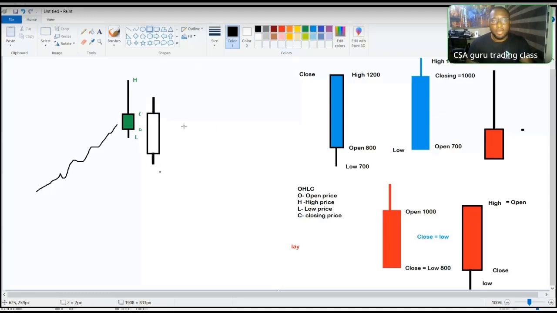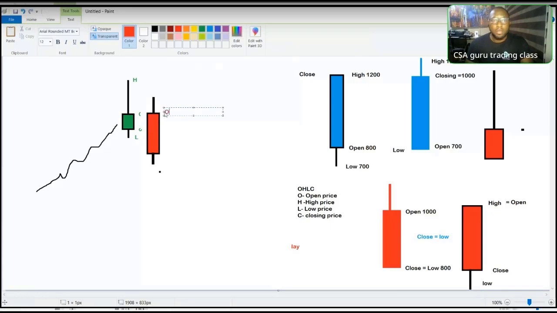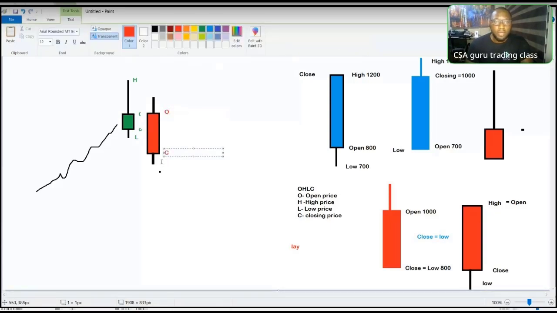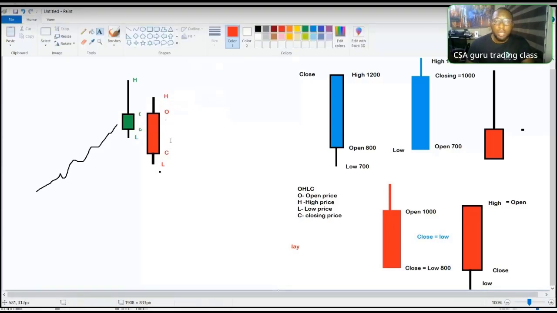Okay, now this is going to be a red candle, because this is our opening price, this is our closing price, this is our low, and this is our high for this candle. So that's the reason why it's going to be a red candle.